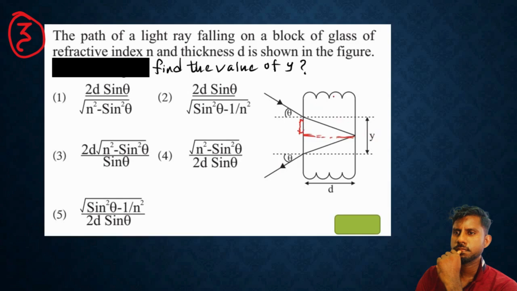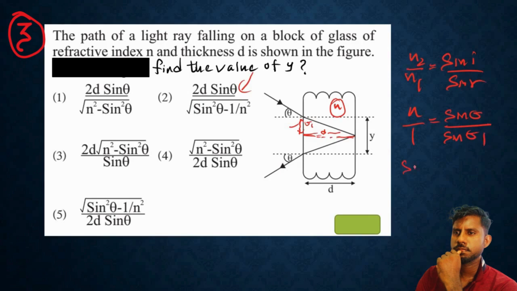They have given the refractive index of the medium as N. If I can find this angle, let's say it's theta 1, then I can find this length. So let's write the equation: N2 over N1 equals sine I over sine R. Here the second medium is N, the first medium let's take as 1, and sine theta, and sine R, which is sine theta 1.